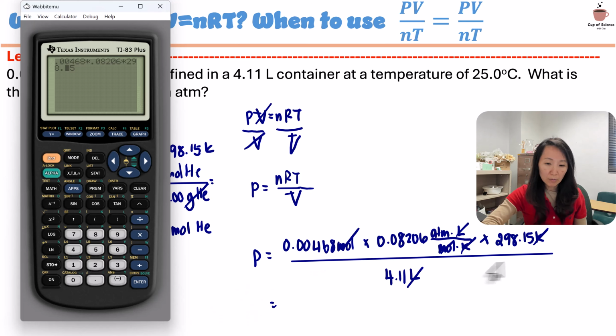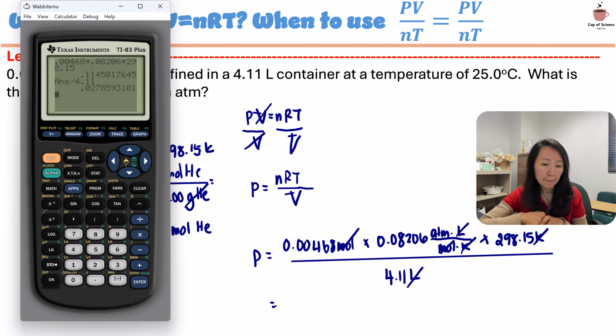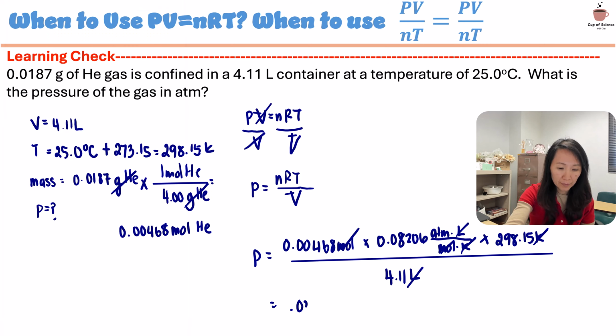So all of this multiplied together, hit enter, divided by the 4.11. And that gives me 0.279 atm. That's my final pressure.